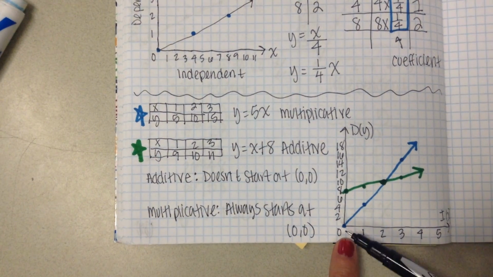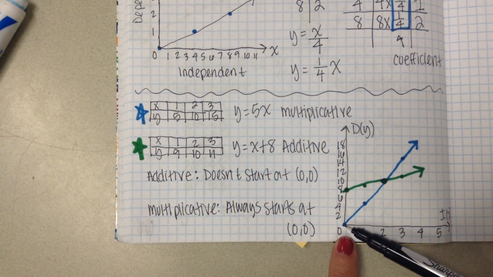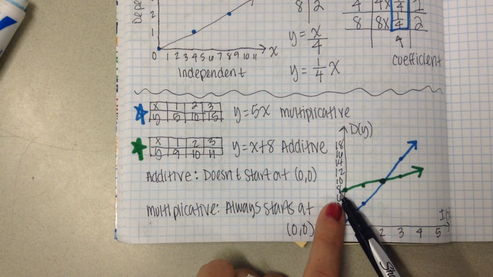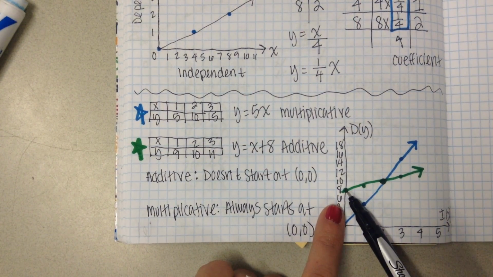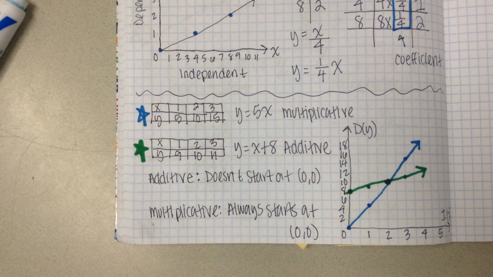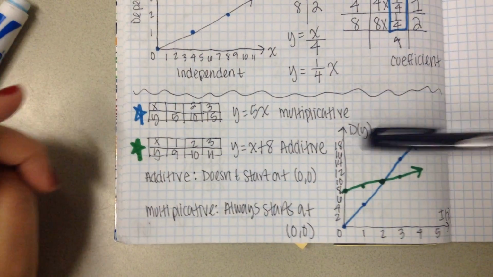If you notice, the blue one is multiplicative. It always starts at 0. The additive is never going to start at 0, so it's going to start somewhere else. All right, so these are your notes. Make sure you copy everything down exactly as I have it. Thank you.